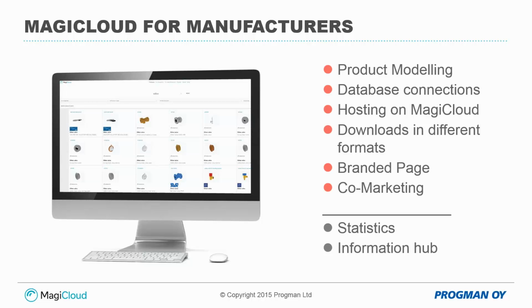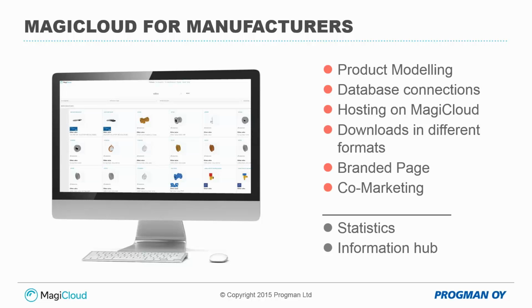We provide the hosting on MagiCloud and take full care of what you need over there. Download in different formats, branded pages, and all of these are marketing services, so we can help your marketing teams in better promoting your products and making your products more easily available to your customers.